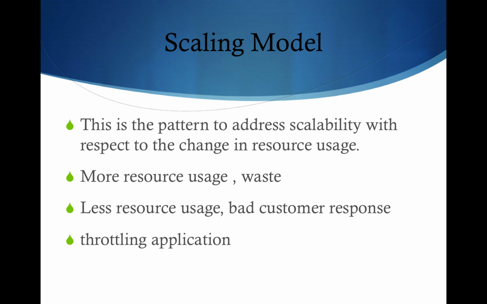Now the scaling model. Scalability means whenever there is a need for more processing, you add the resources easily. Whenever more resources than needed are assigned, it is a waste of resources, and whenever fewer resources are assigned, it may lead to a bad customer response.